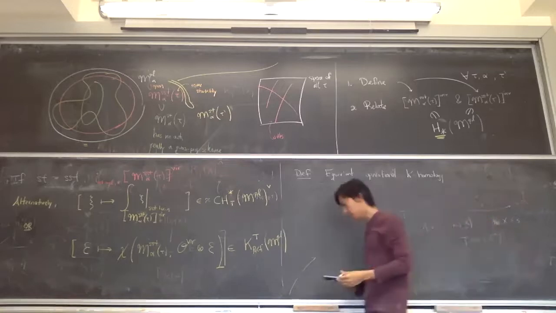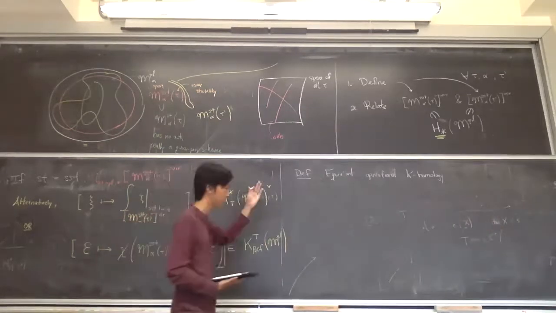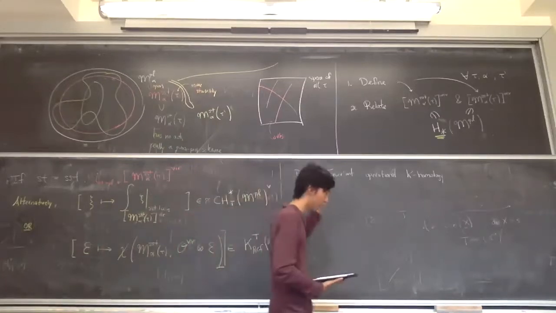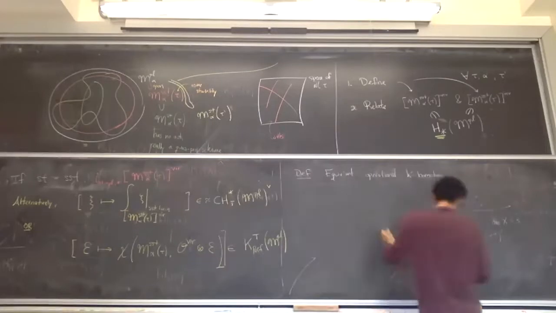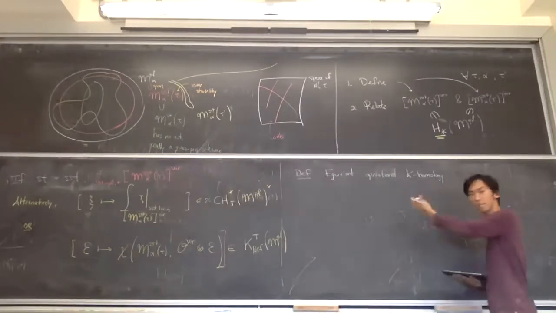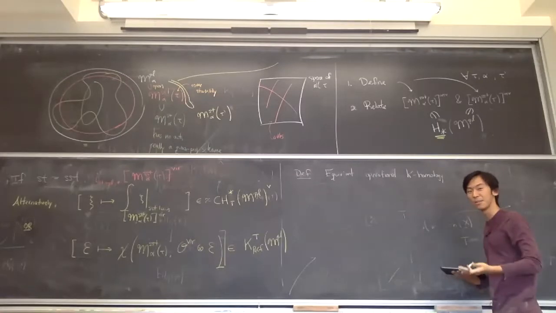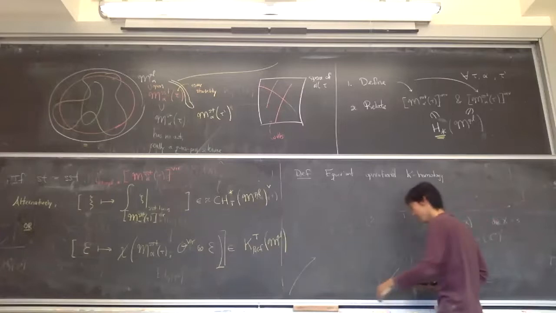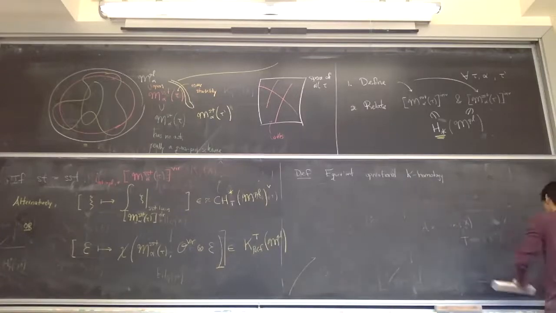And first, I should maybe say there's many notions of K-homology out there, and this, to the best of my ability, seems to be distinct from all of them, unfortunately. But if someone has seen something like what I'm about to explain, please let me know. I'd be very happy to see some precedent for what I'm writing. I'm absolutely sure I'm not the first one to have written something like this down.